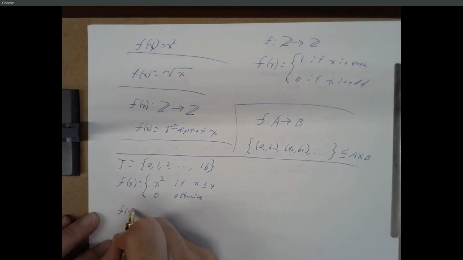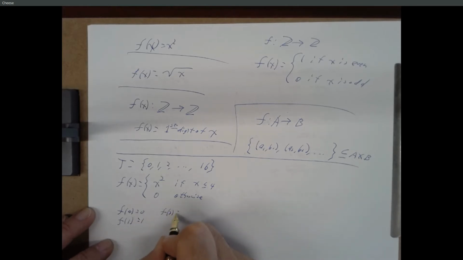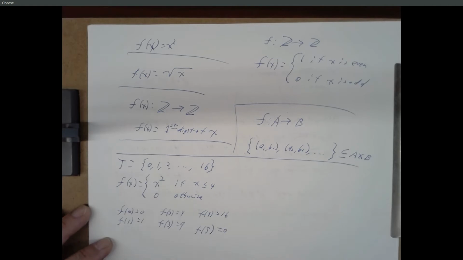So f of 0 is 0, f of 1 is 1, f of 2 is 4, f of 3 is 9, f of 4 is 16, and f of 5 and everything else is going to be 0.